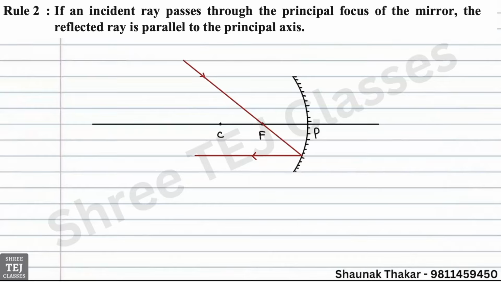In rule 2, the incident ray is passing through the principal focus of the mirror and the reflected ray is parallel to the principal axis. So, the incident ray in the first rule has become the reflected ray in the second rule, and the reflected ray in the first rule has become the incident ray in the second rule.